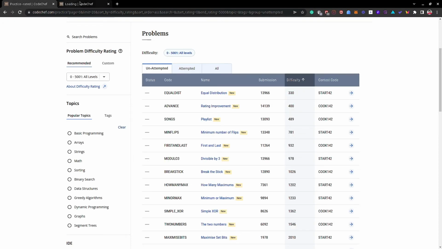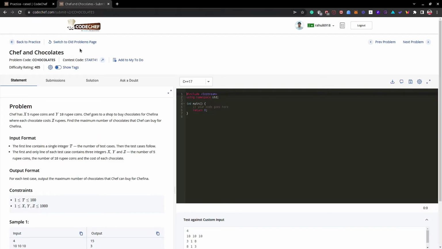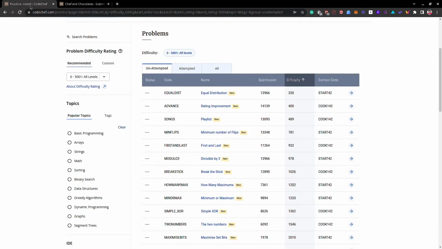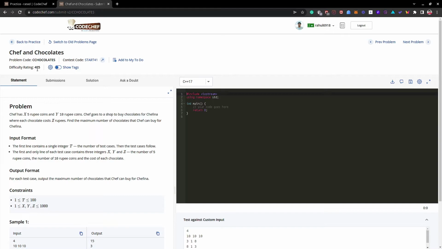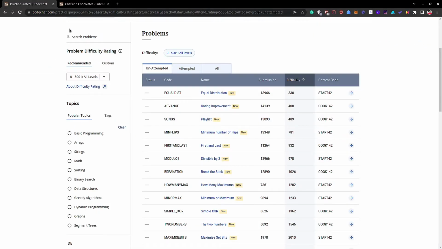It was a problem for advance or something like that. Chef and chocolate, and that's not the problem here. Problem code difficulty rating 405. I don't want to do that, I want to do these programs.